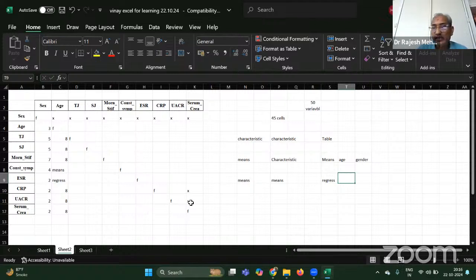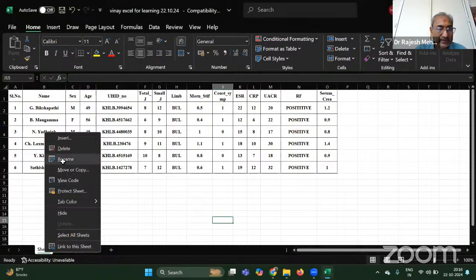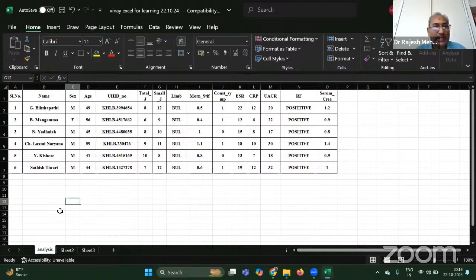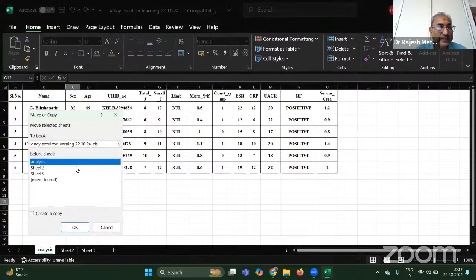So now we'll try to do this on the file which is given to us. So this is a file. This Sheet1 you can rename as Analysis. And before you do the analysis, you should always take a backup file, so that even if you make some change, the original file remains with you.